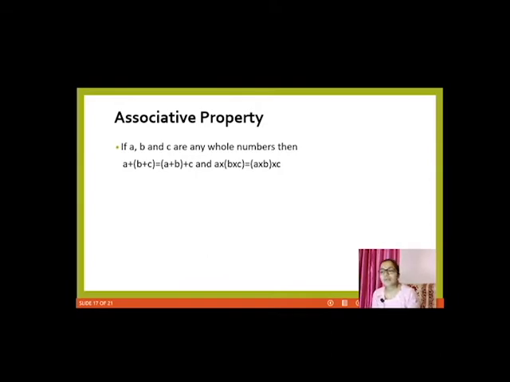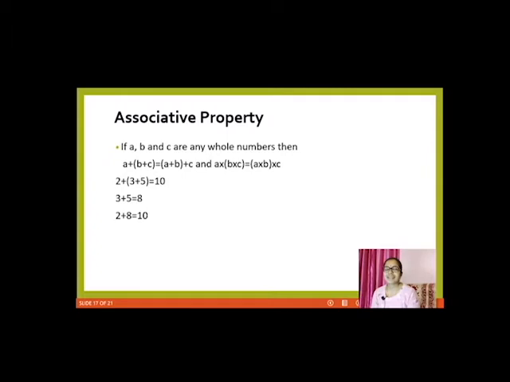But when you look at it, you can see brackets are written here and written differently here in the RHS. That is, if you want to find the sum of 2, 3 and 5, you can apply this method, that is, you can add 3 and 5 together and you will get the sum 8.